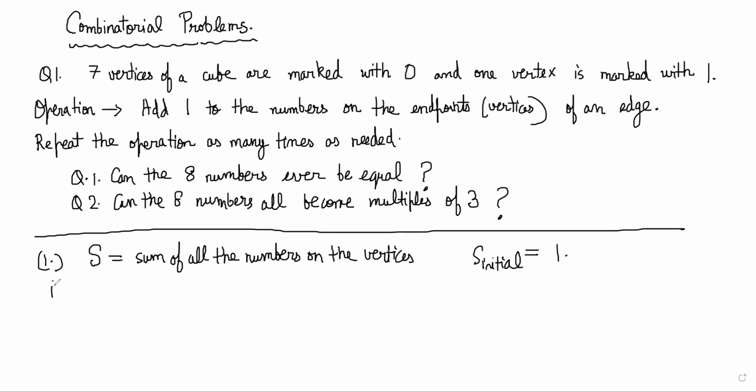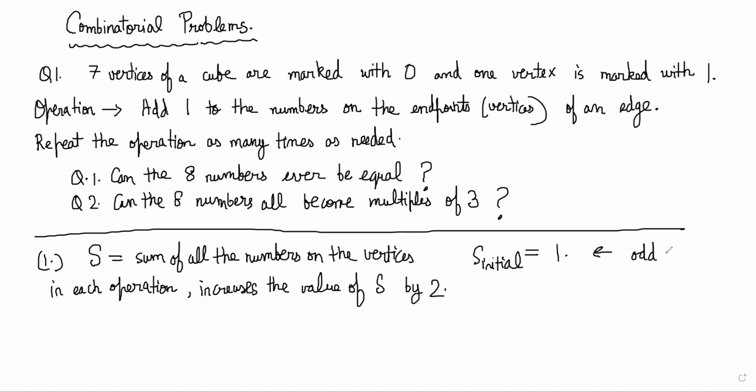And in each operation, you are going to increase the value of S by 2. So what that means is, since the starting point is an odd number, S will always be odd.